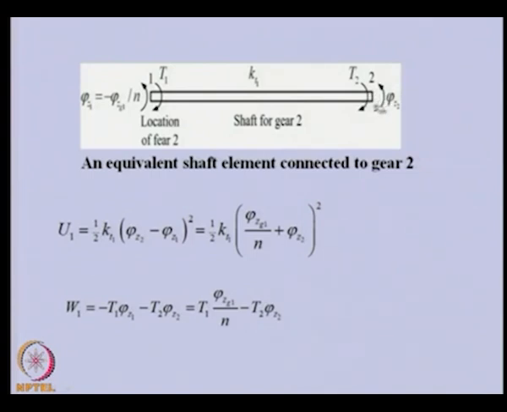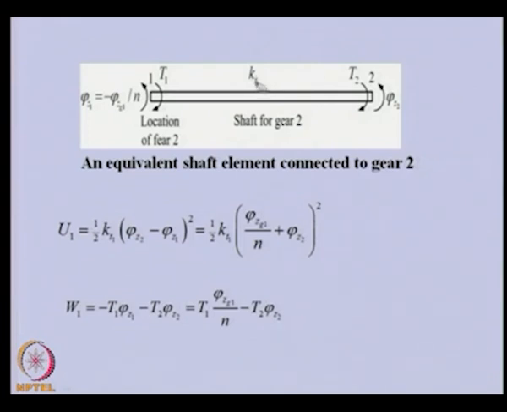Whatever angular displacement of the second gear and flywheel is taking place, that itself we are taking. As such, in the finite element method we are not converting the whole shaft into an equivalent shaft system. So, this is the original stiffness of the second shaft.